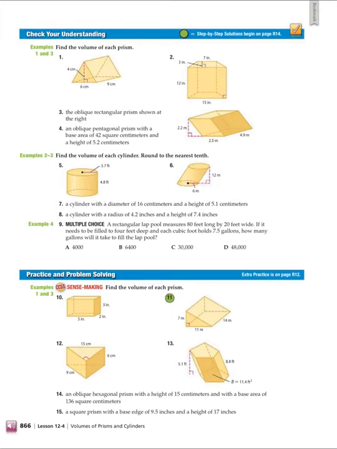So I think you're ready to get started on your assignment. Okay, again, these are not nearly as difficult, especially now that we have done the base of a regular polygon umpteen times. We've done it so many times now that I think it's going to be a little bit more reasonable for you. Okay?